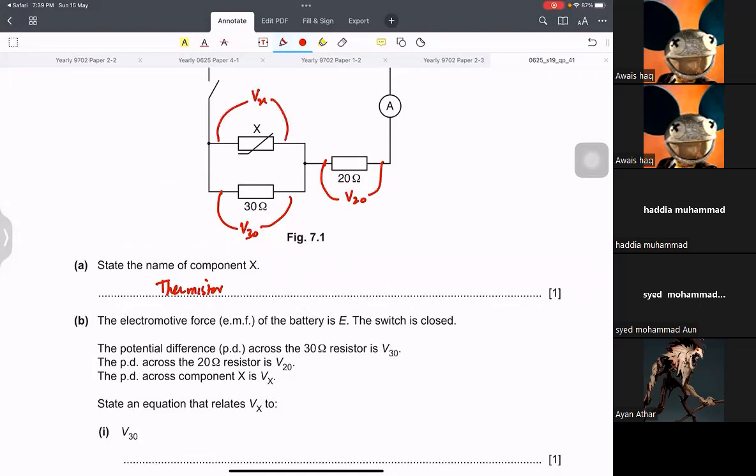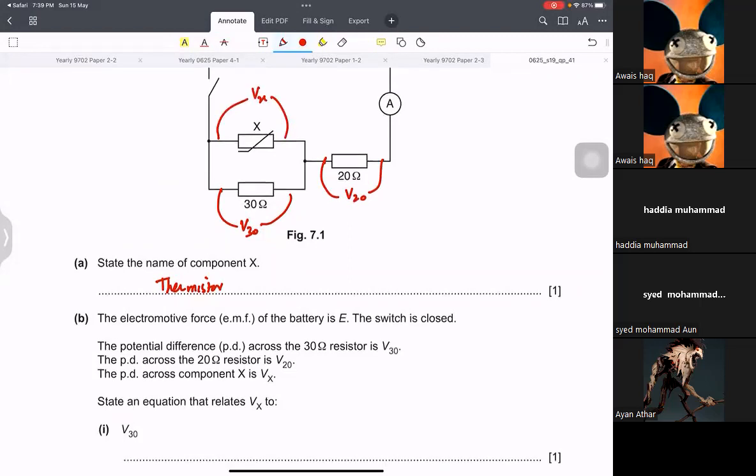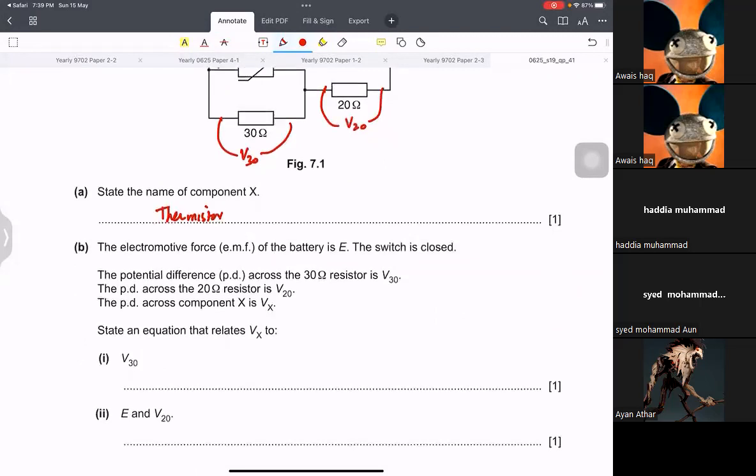They're in parallel, so V30 is equal to Vx, and E and V20. So Vx plus V20 will be equal to V. So that should be your answer, all right?